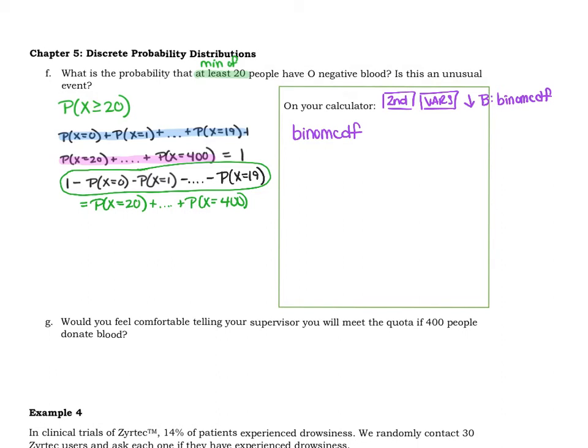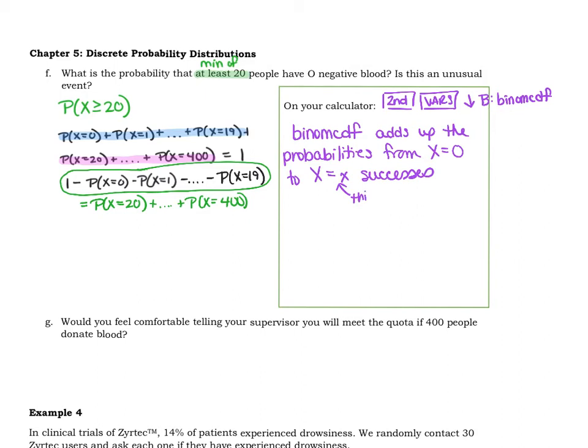Binomial CDF adds up the probabilities from x equals 0 to x equals, I'm going to say little x because that's what we use for how many we're looking at.